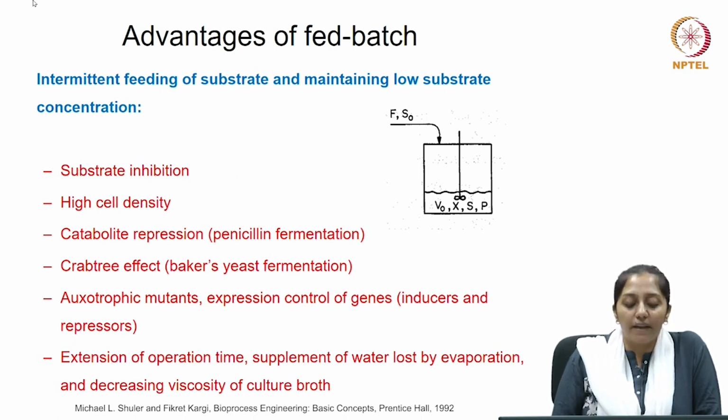Then the Crabtree effect is another limitation in a baker's yeast process, where maximizing the biomass is the objective. However, because of the large amount of glucose present, it may start taking up substrate level phosphorylation for energy generation.